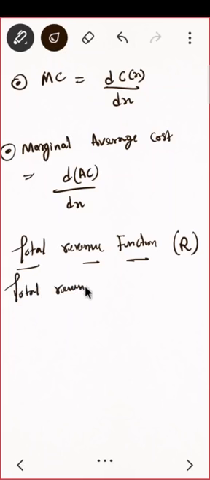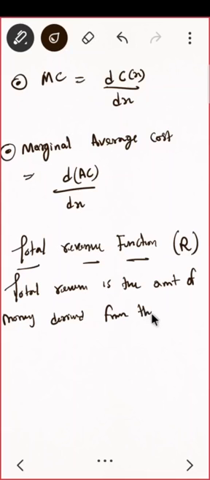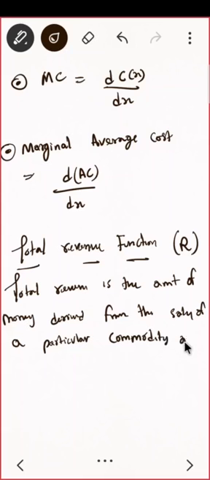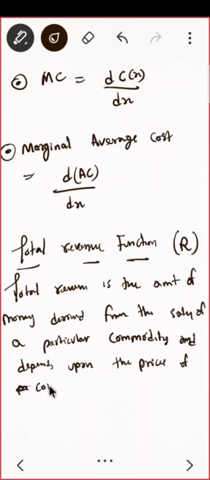Total revenue is the amount of money derived from the sale of a particular commodity, and depends upon the price of the commodity and the quantity sold. Correct. That is clear.